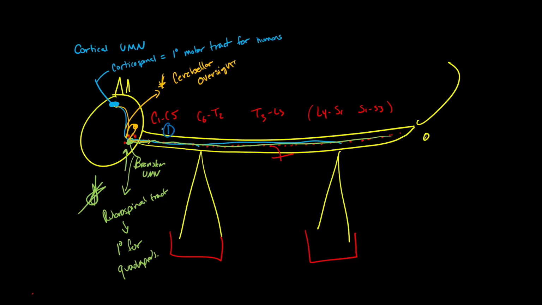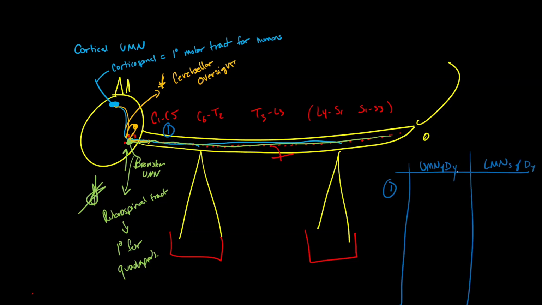When I have lesion 1 here, we're going to look at our upper motor neuron signs of dysfunction and our lower motor neuron signs of dysfunction. What we'll see is that with a C1 to C5 lesion, there, of course, can be everything from mild pain and discomfort. That's going to be usually the first clinical sign we see.